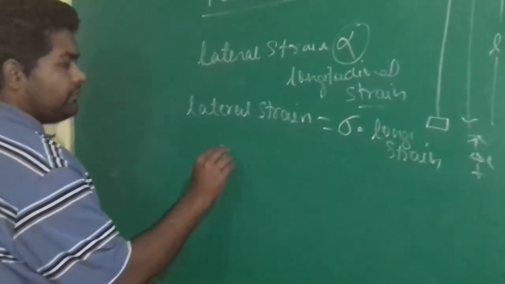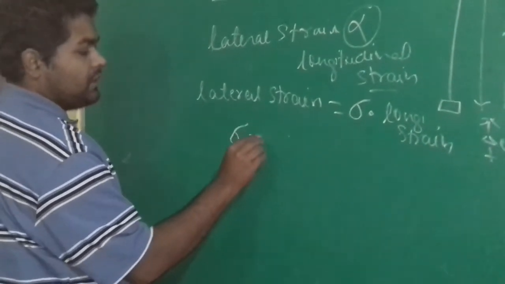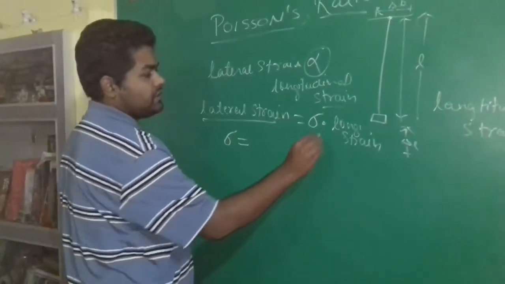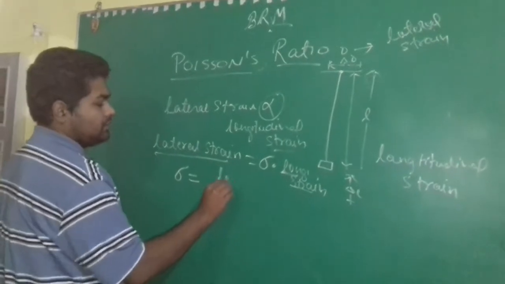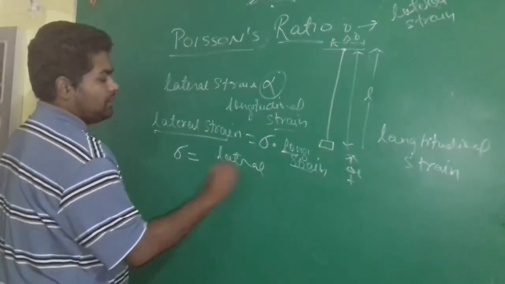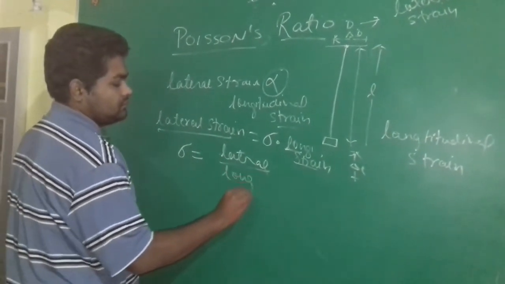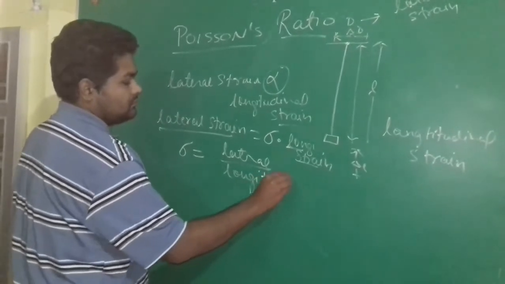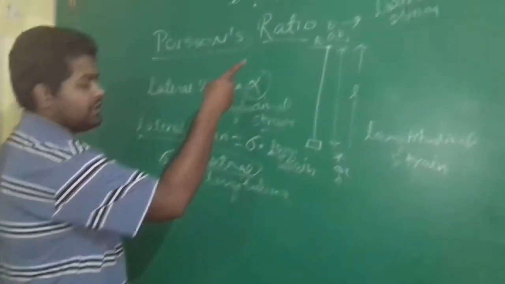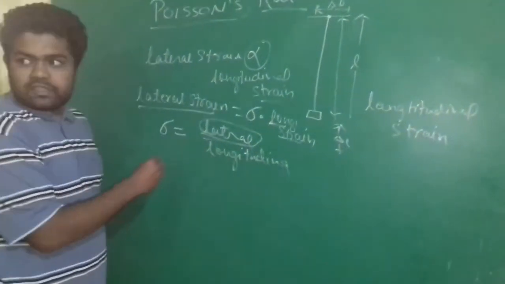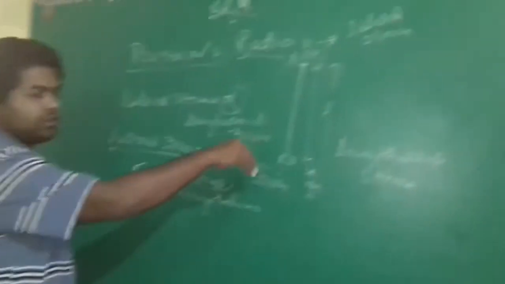Okay, so if we find sigma, then it will be the ratio of lateral strain and longitudinal strain. Lateral upon longitudinal. Lateral strain is related to diameter and longitudinal strain is related to elongation.